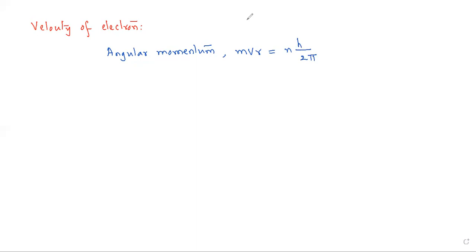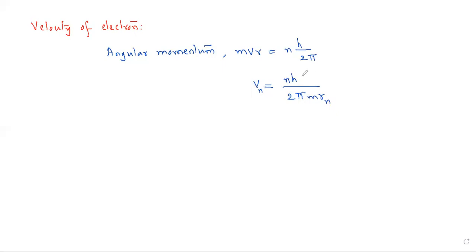Okay, now let me write this as v is equal to nh by 2 pi mr, or let it be like vn is equal to nh by 2 pi m rn. Velocity of electron in nth orbit is vn, and this is the radius of nth orbit, right?